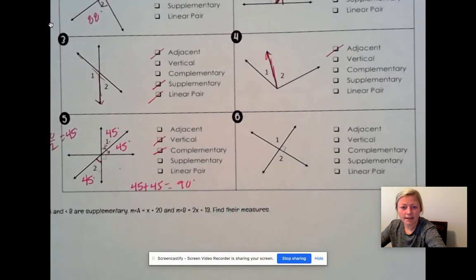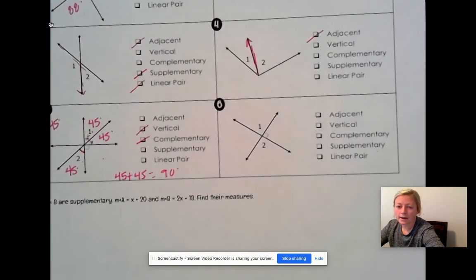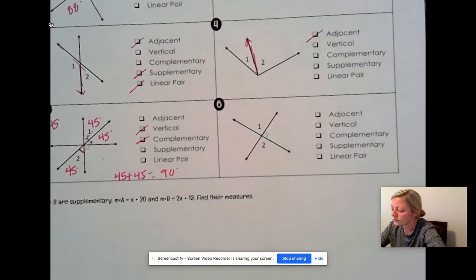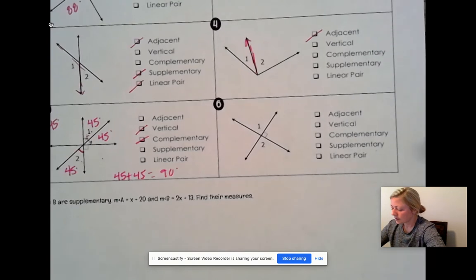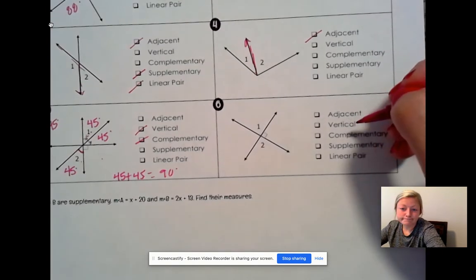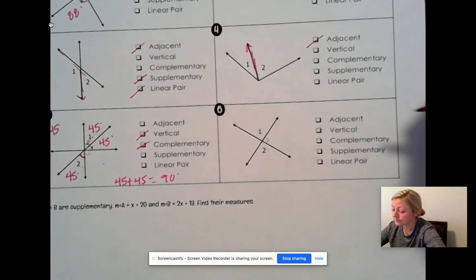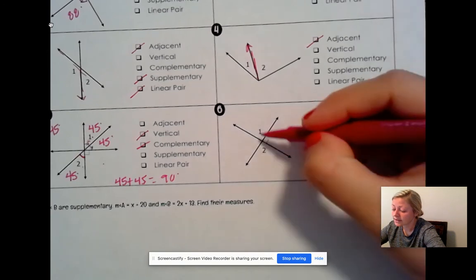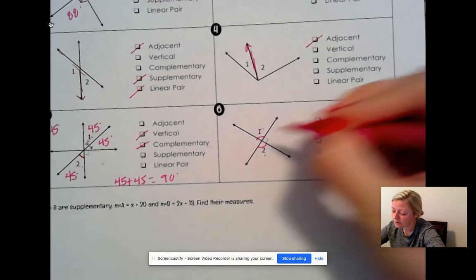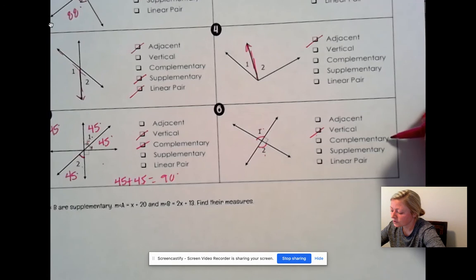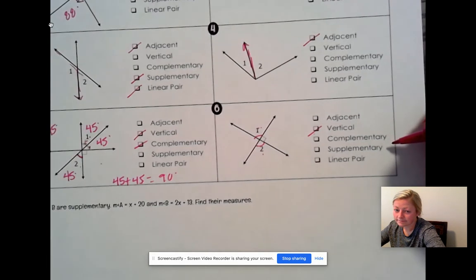All right, and our last little pair here, angles 1 and 2. Are they adjacent? No, they do not share a common side. Are they vertical? Yes, they are across from each other, so they are congruent as well. Do they add to 90?